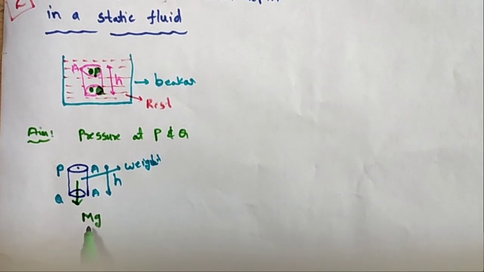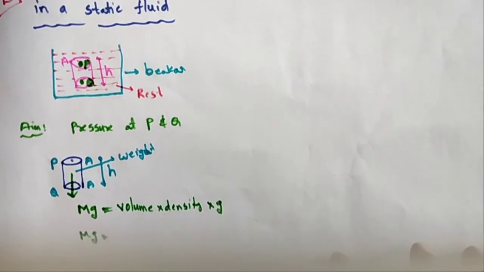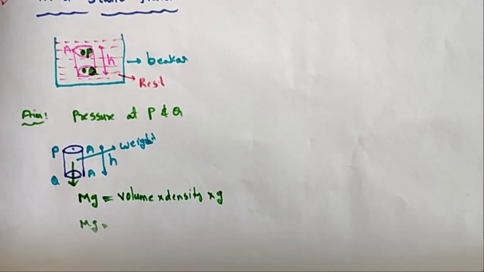So mg: m means volume into density, since density is mass per unit volume. So I replace m with volume into density, into g.